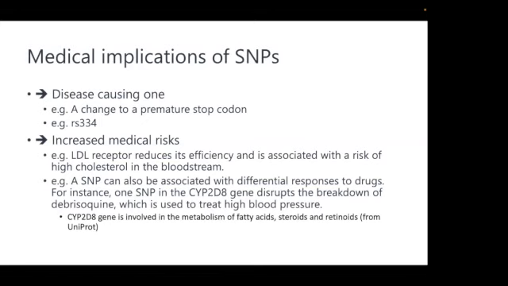Cytochrome genes are not the only ones that do the metabolism of your drug to change into the active form, but they are most popular. So you probably heard cytochrome P450 enzymes or genes, which are mostly expressed in your liver.